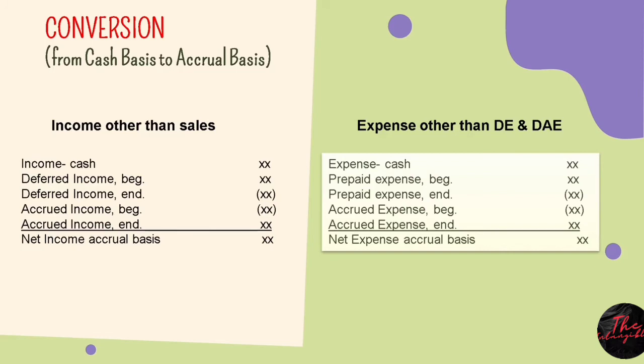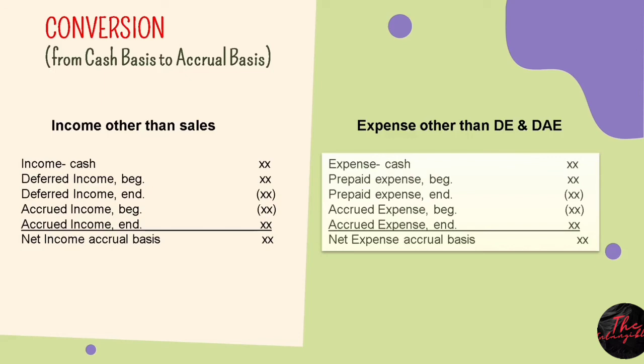And our ending point here is the income under the accrual basis of accounting. So, balik tayo sa definition. Deferred income are those income that is already received but not yet earned. And accrued income are those income that is already earned but not yet received. So, kailangan natin malaman kung alin sa mga iyan ang kailangan natin idagdag or ibawas.